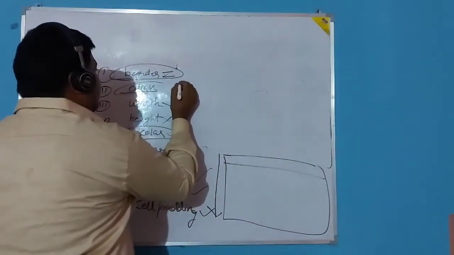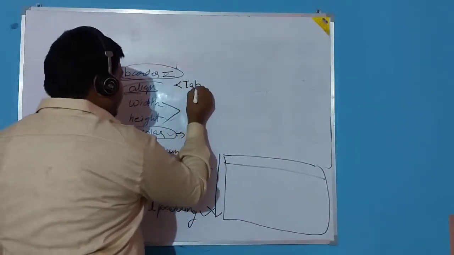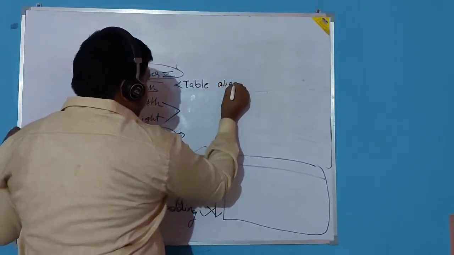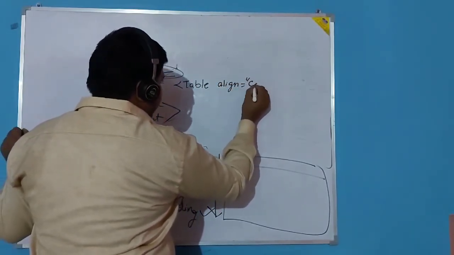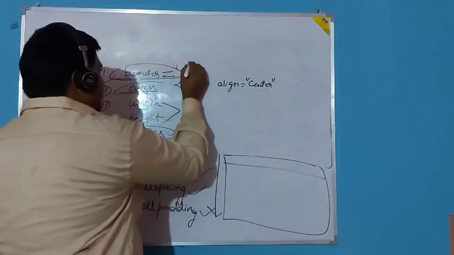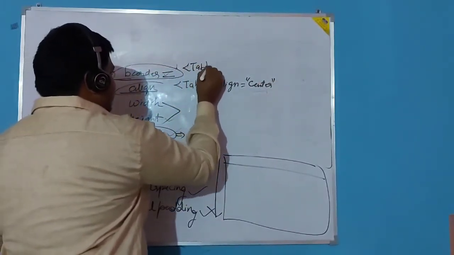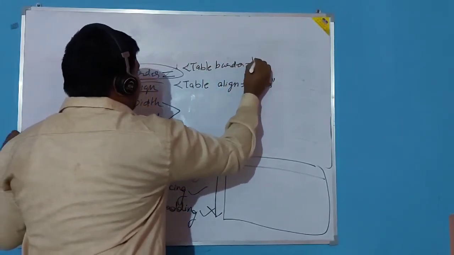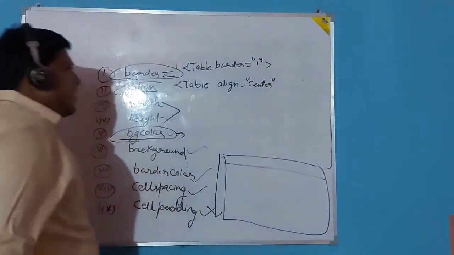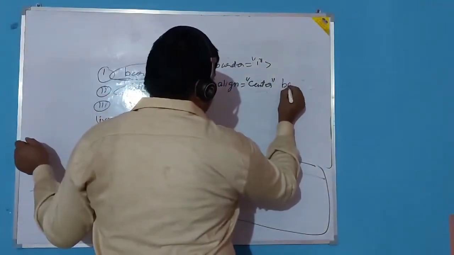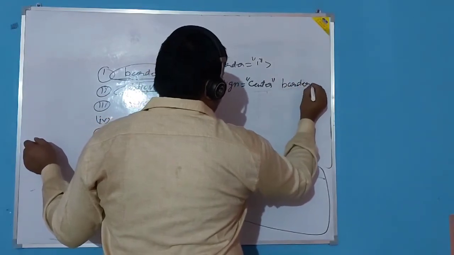So if you want to use only align, you will write the table tag like that, table align is equal to center. Before that it is a border, so let me write first for the border. Table, if I want to display on the left side with the border 1. If I want to display in the center with the border attribute, so I will write here align also and border also.